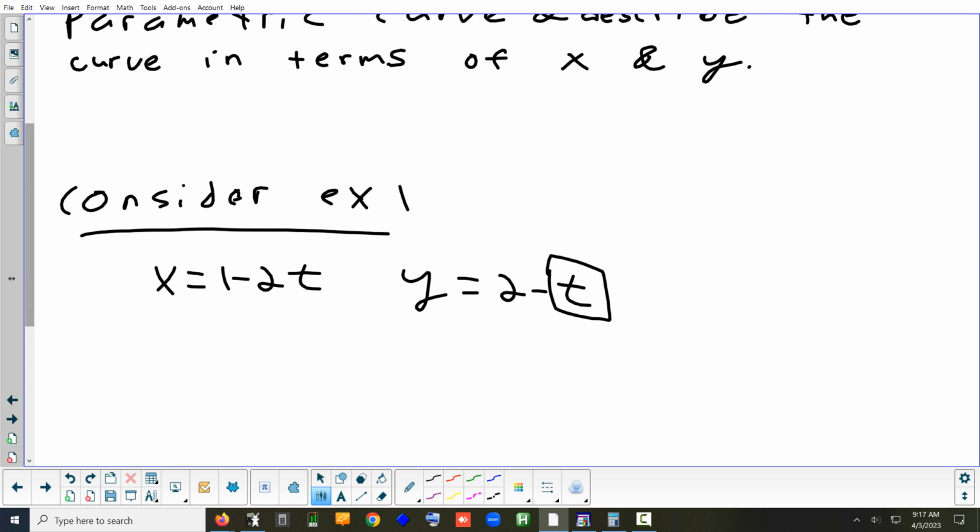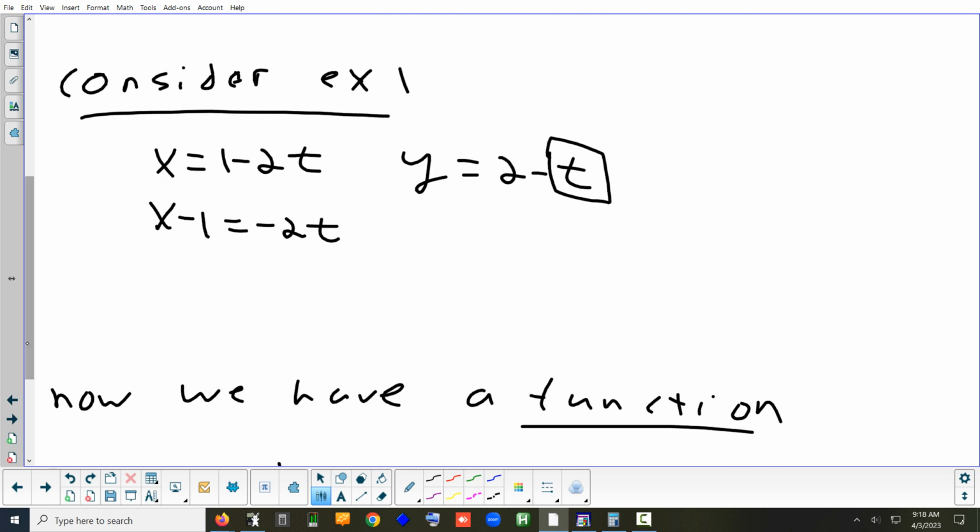Okay, so let's do something with this 1 minus 2t. What do you want to do with that? Need to rearrange it. Subtract 1 from both sides and divide by -2. Okay, you can subtract 1 from both sides, and you'd have this. And then what did you say to do?